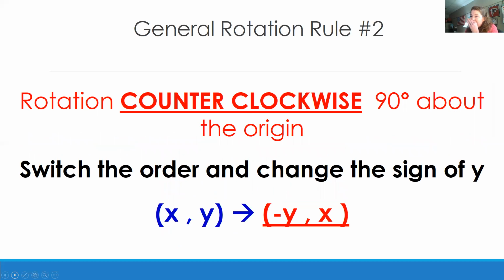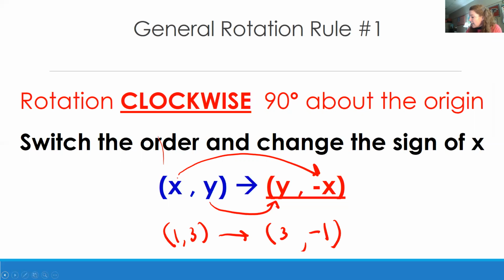All right, counterclockwise, the x goes to the back and stays the same sign. The y comes to the front and turns into the opposite sign. So in both directions they're changing positions, but you have to pay attention to which sign changes. I'm going to write this down real quick so that when we're doing these problems, I'll remember 90 degrees clockwise.